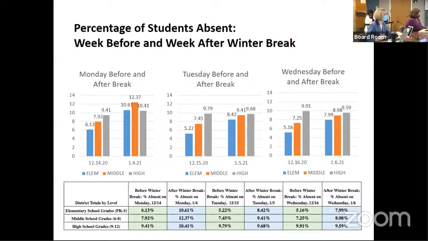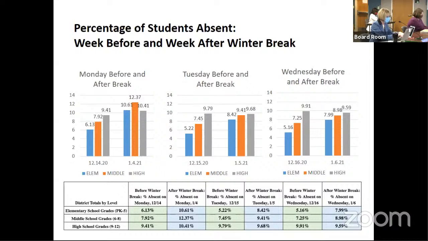Now, on any given day, on other years when there is no COVID, we run about an average daily 5% absent rate. Just so you know, we run about a 95% attendance rate, which is a 5% absent rate in a normal year. So if you compare that to January 4th, we see that we had about 4.5% increase in student absences at the elementary level.